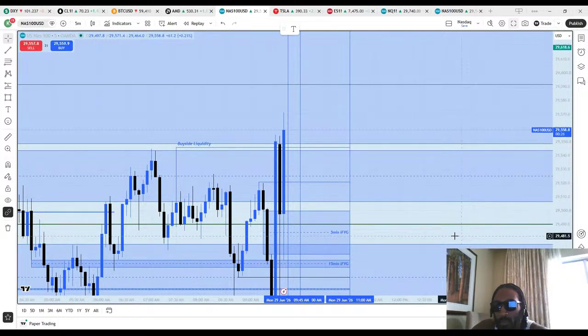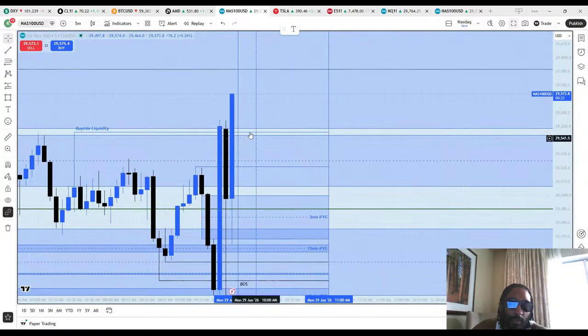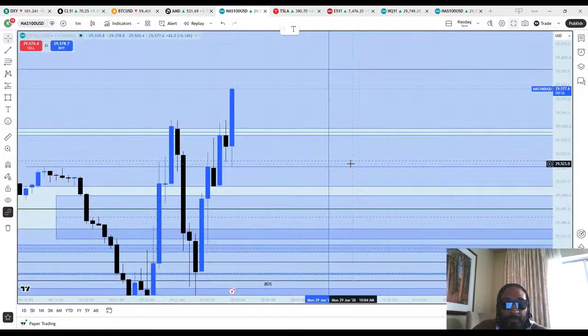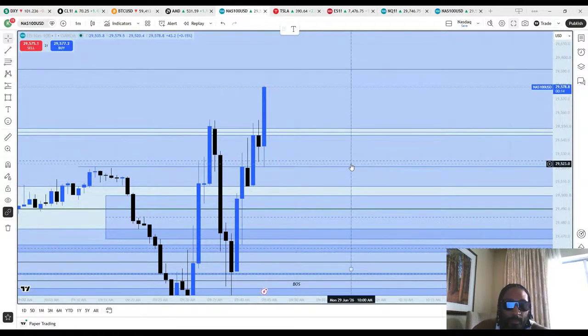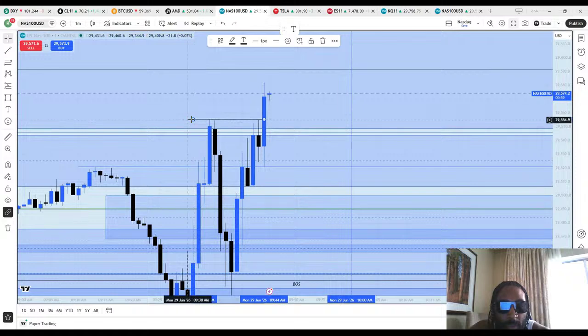All right, so we got 20 seconds before 945 pops up. So let's go ahead and get rid of this. Drop down to the 1 minute, see what's popping. 940, we got a gap. Got this inverse. And right here, we got this breaker structure. So this is the first order of business that we want to pay attention to.